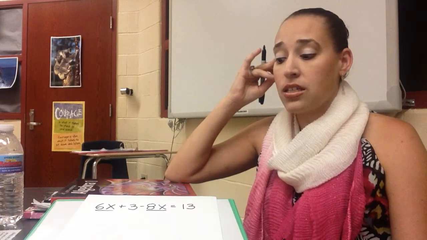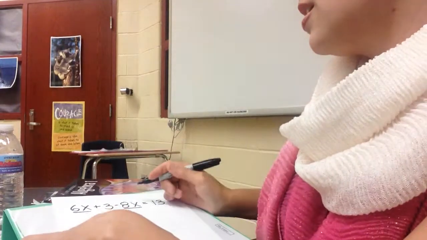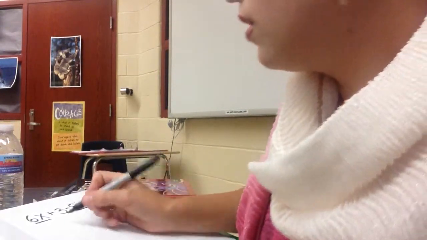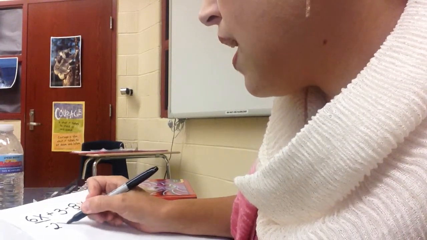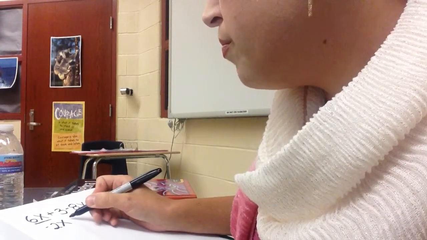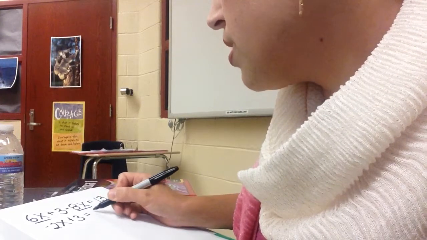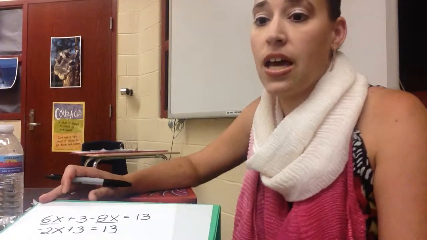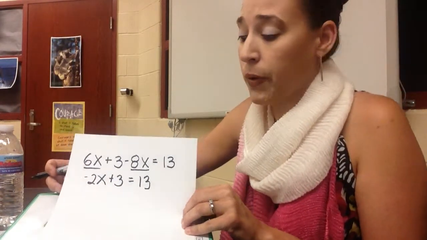So 6x plus a negative 8x gives you a negative 2x, plus 3 equals 13. That would be your first step. You're going to combine the like terms, okay?